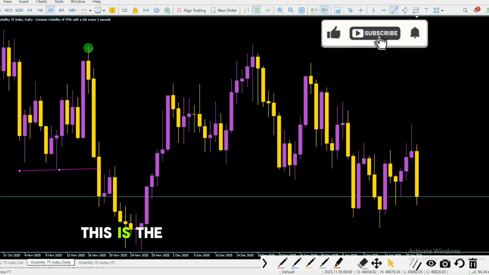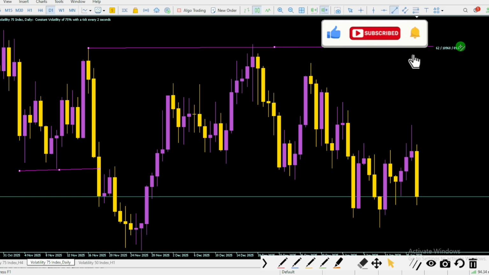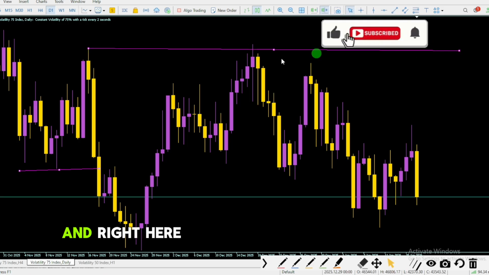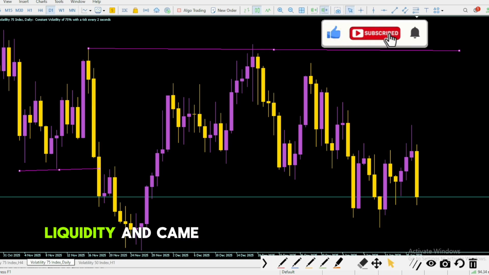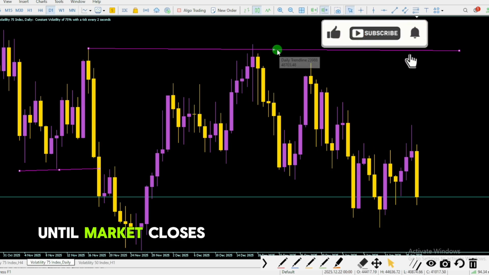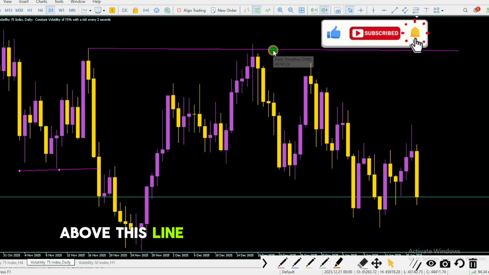This is the high, and right here you see the market actually swept liquidity and came back down. So on the daily time frame, we are still on a downtrend until the market closes above this line.